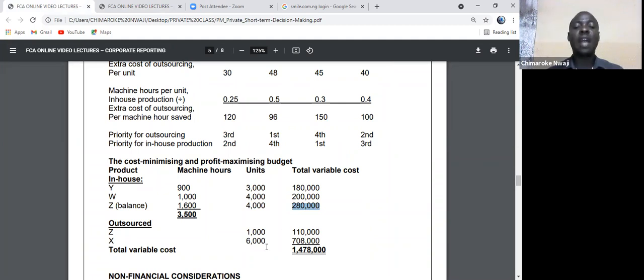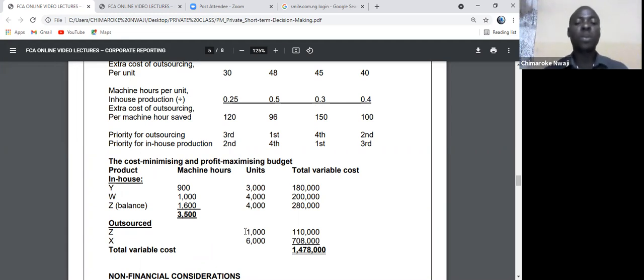Now let's go to the outsource. Outsource here, if you look at it, I'm not concerned with their machine hours because that's not our business. We are not trying to look at their scarce resource. We said in the question that there are outsourcing companies that can do it in unlimited number. So it's possible we can outsource to 2, 3, 4, 5 people, who knows?